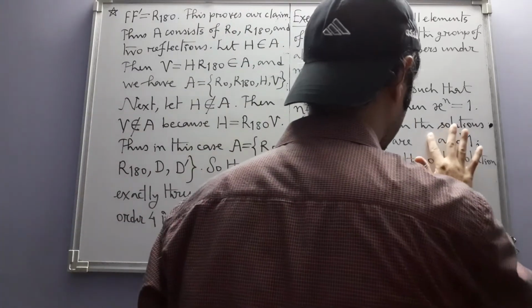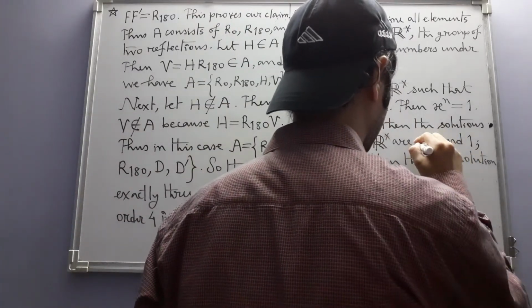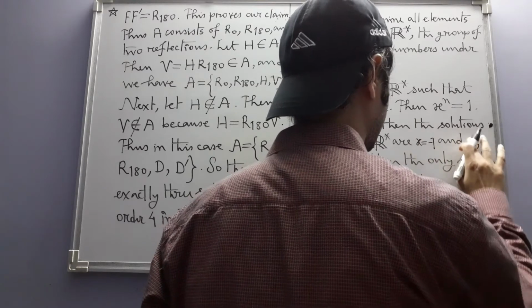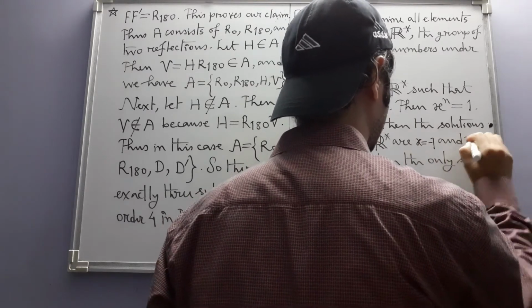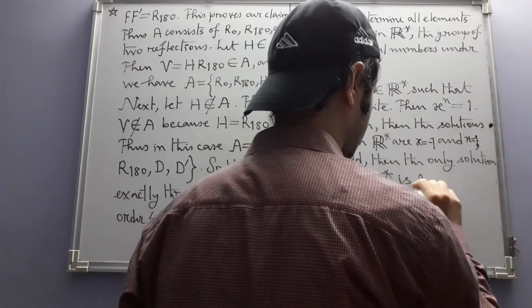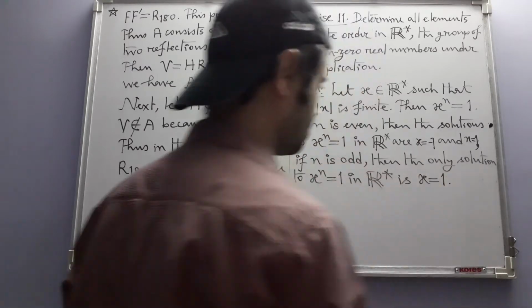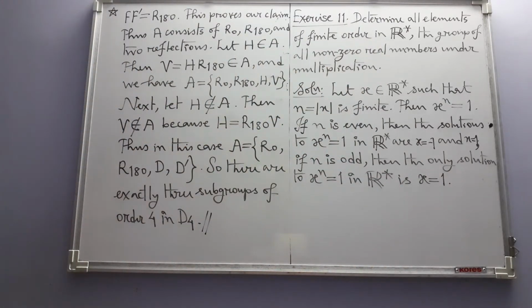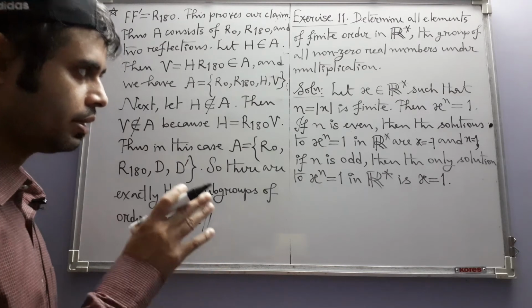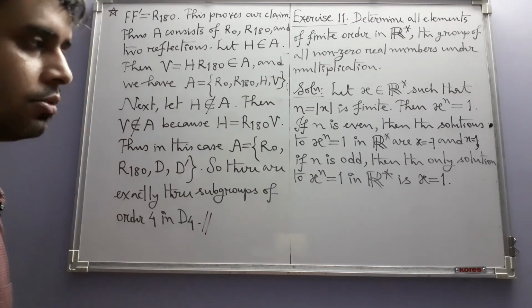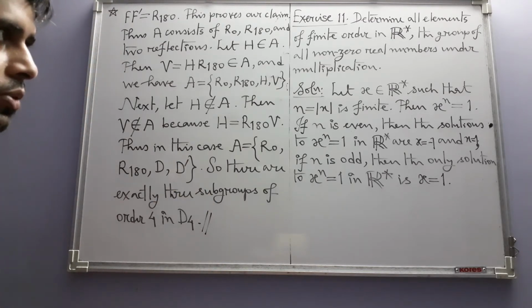Probably I should have written x equal to -1 and x equal to 1. So that just means that the only elements in R star which have finite order in the group are -1 and 1.